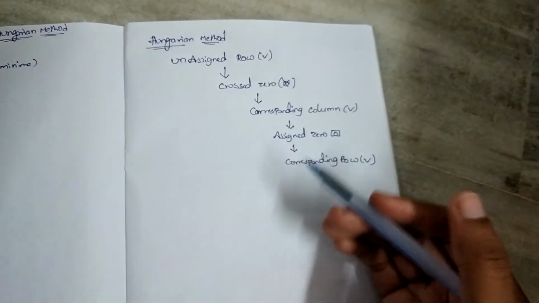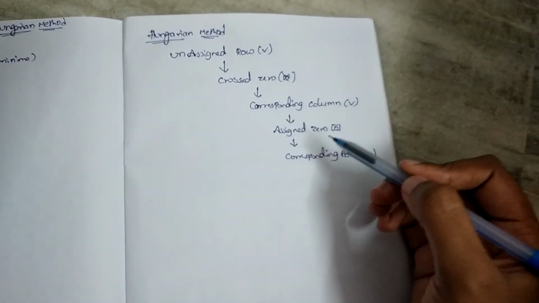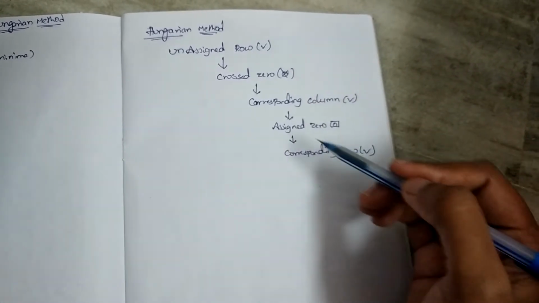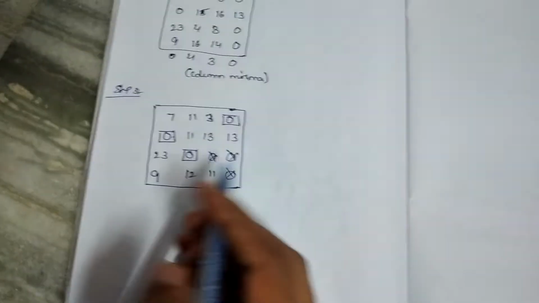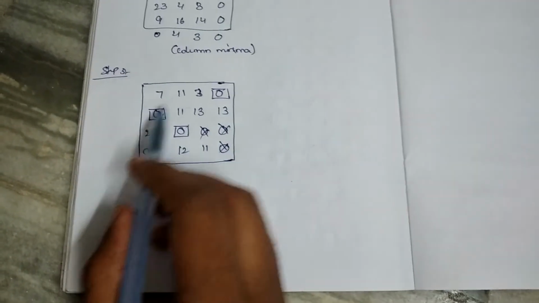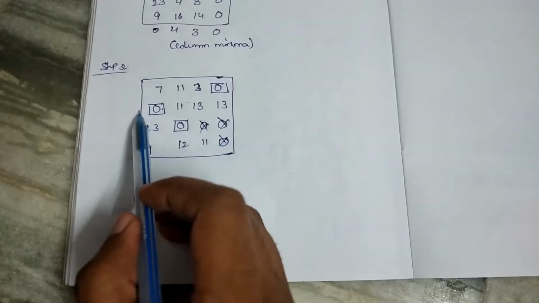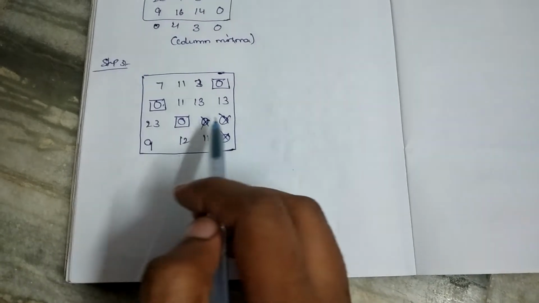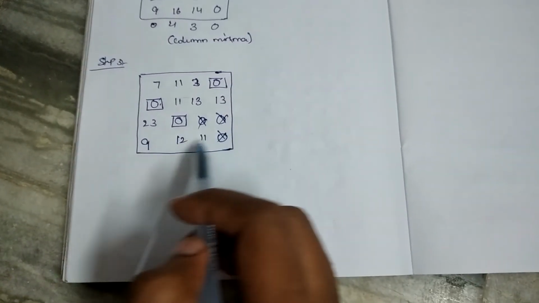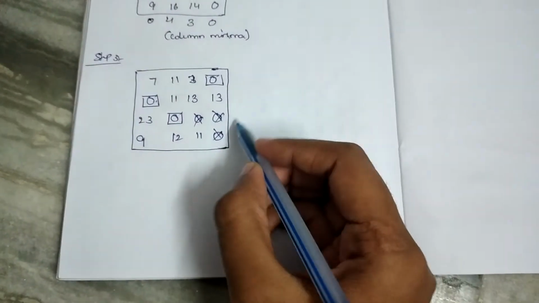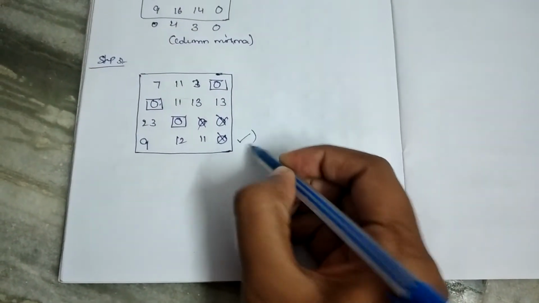After that, we find the assigned 0 in that column and tick the corresponding row. Suppose when we observe in this example, the first row has an assigned 0, the second row also has an assigned 0, the third row also, but in the fourth row there is no assigned 0. So we tick the corresponding row.